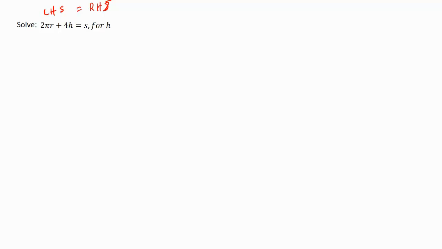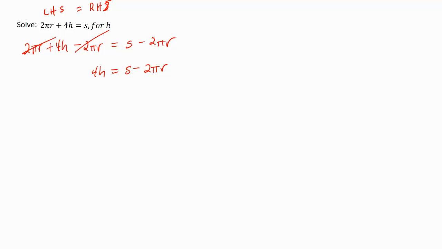So the first thing I'm going to do is subtract 2 pi r from both sides. Once I do, the 4h is left on the left-hand side, and the right-hand side comes down as s minus 2 pi r.